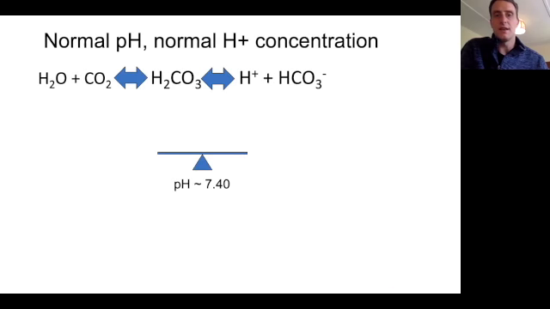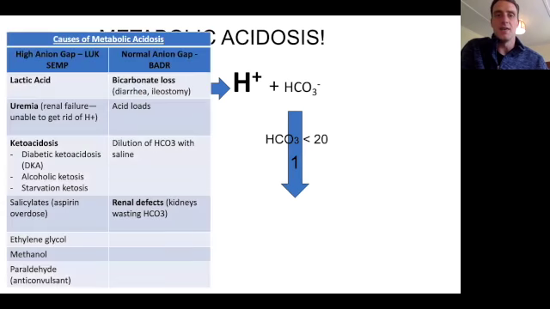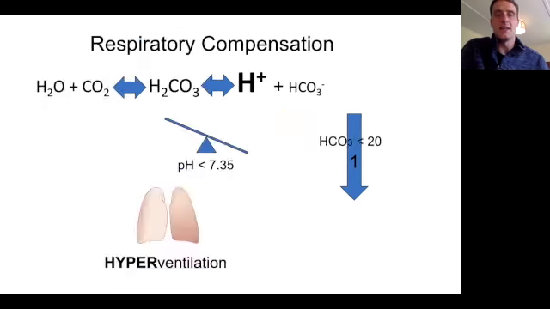And this equation that we looked at previously just shows that as bicarbonate decreases in a state of metabolic acidosis, and there is a relative elevation in hydrogen ion concentration from some of the causes that we looked at previously, acidosis results.